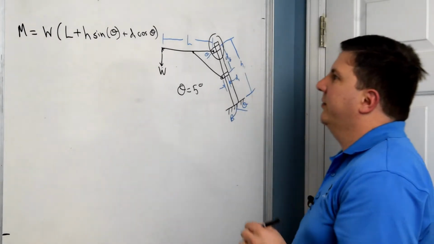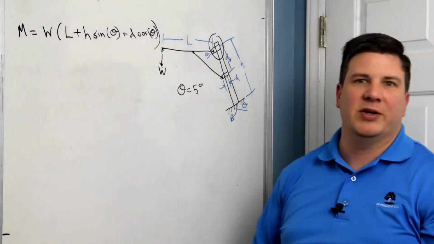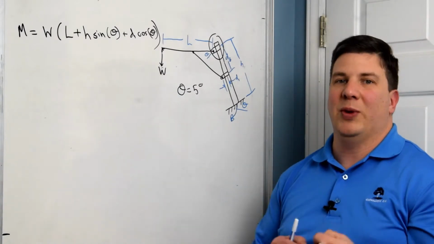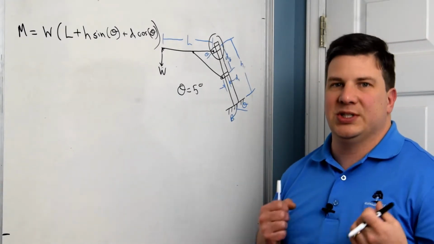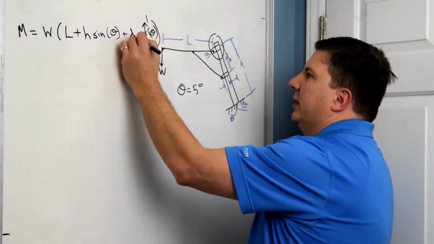Now, if you look at the cosine of 5 degrees, it is 0.996, which is essentially 1. So we're just going to say that term goes to 1, and we just keep our D1.